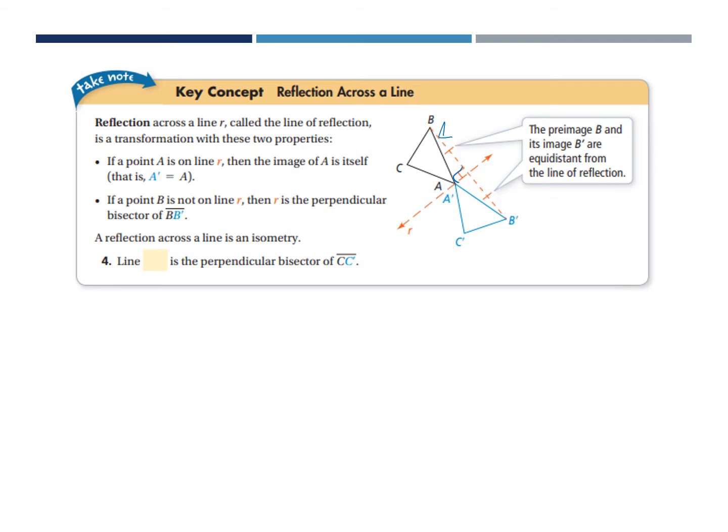So if I connect C to C prime, the line of reflection will bisect it and be perpendicular. That's going to become important when we look at graphing and some other things.